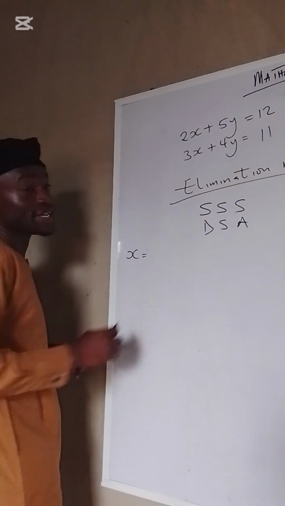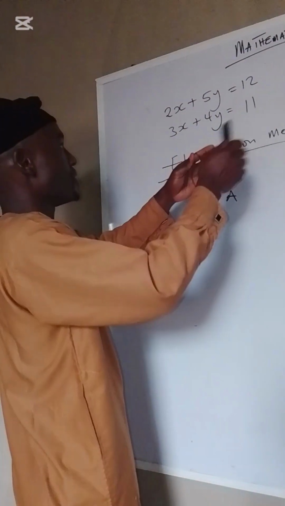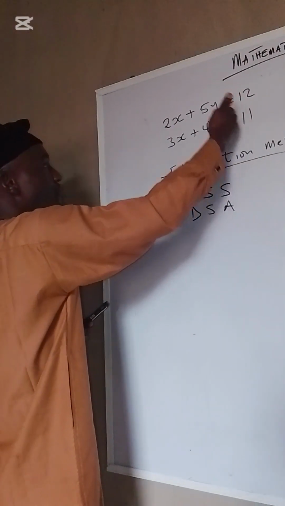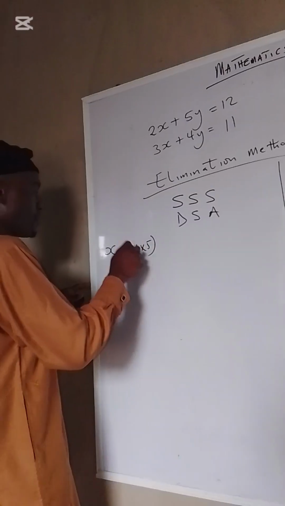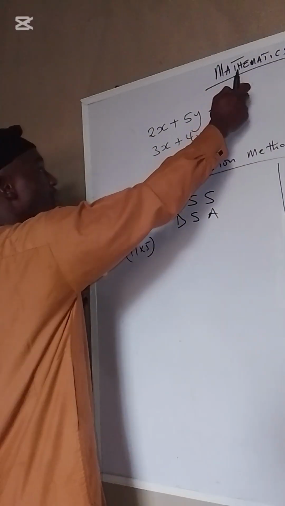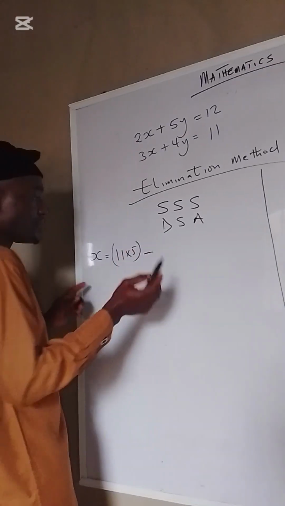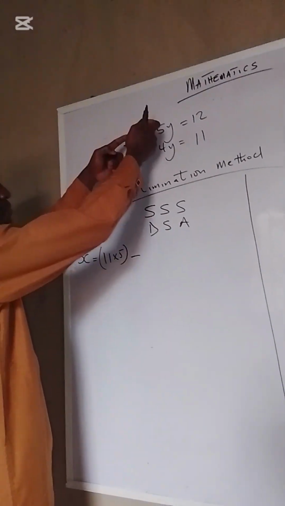We want to solve for x. And anytime we are solving for x, you come to the other side: 11 multiplied by 5, minus 4 multiplied by 12. I told you that same sign we subtract. We are using the minus sign because we are having the same sign, plus plus.